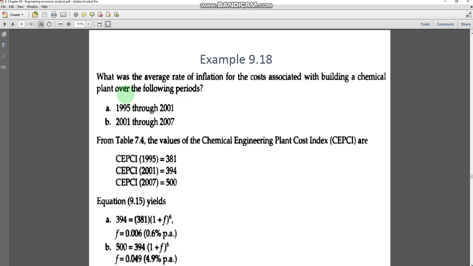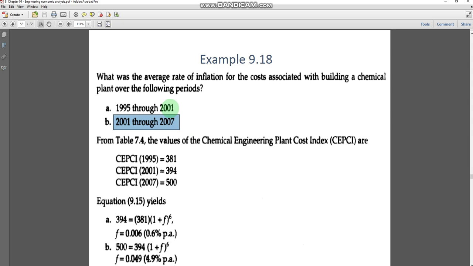Okay, what was the average rate of inflation for the cost associated with building a chemical plant over the following periods? There is one chemical plant that is built from 1995 through 2001. So we have to see the inflation here, and then we have to see the inflation from the year 2001 through 2007.